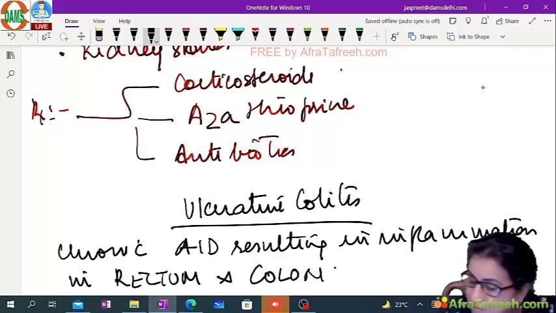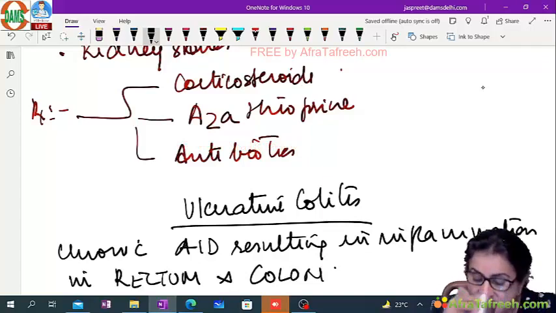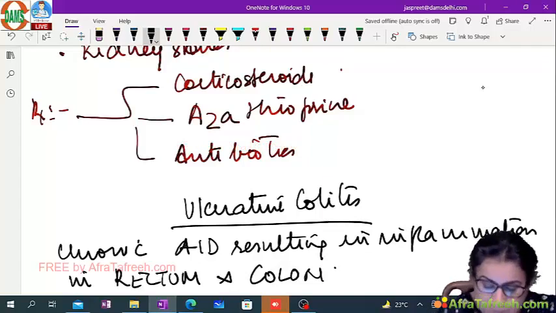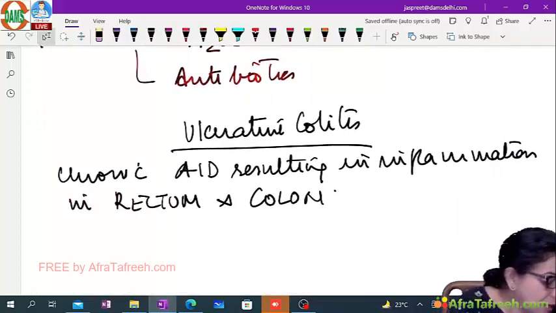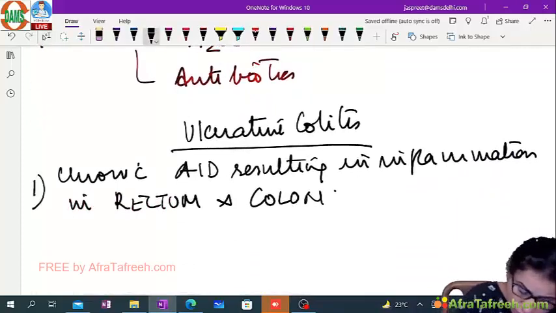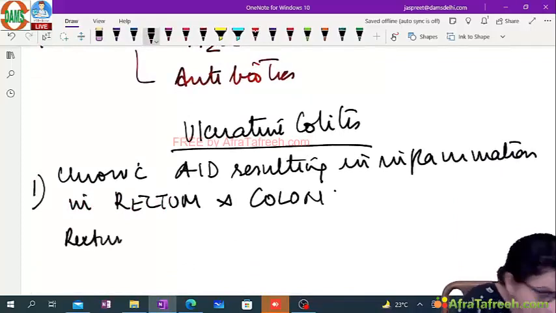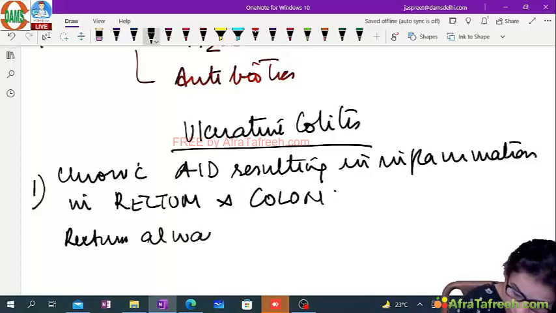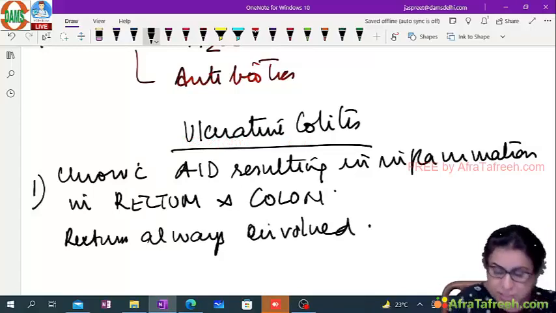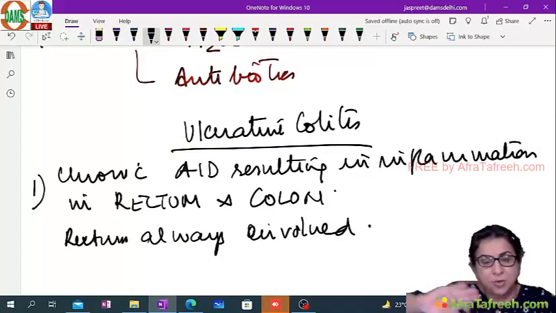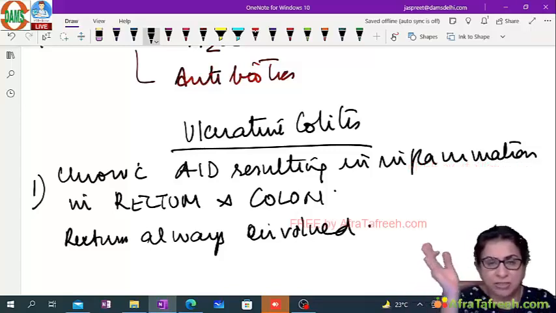So it results in inflammation in the rectum and the colon. The rectum is almost always involved. The disease involves the rectum and goes into the colon. That is, from the rectum it will go to the sigmoid colon, then the transverse colon, then the ascending colon.